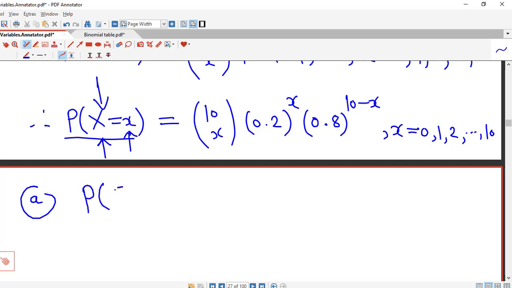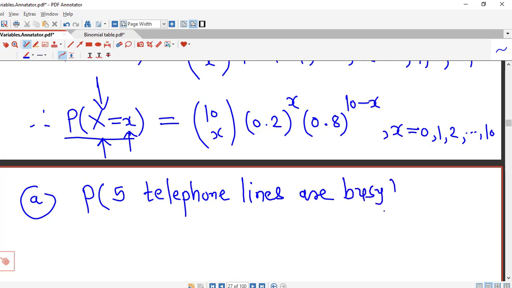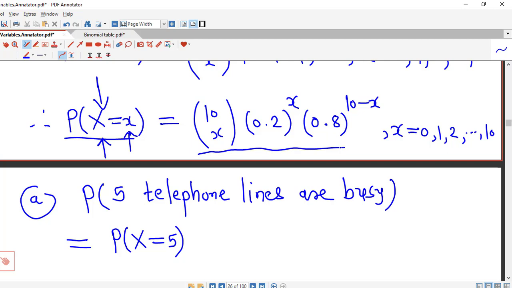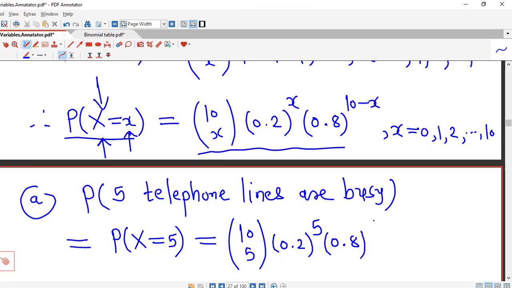The probability that 5 telephone lines are busy is equal to the probability that capital X equal to 5. So in this right hand side we put small x equal to 5. So we have 10C5, 0.2 raised to 5 and 0.8 raised to 5.